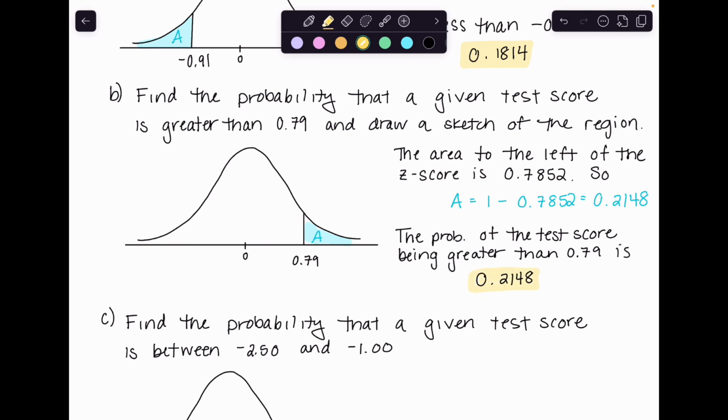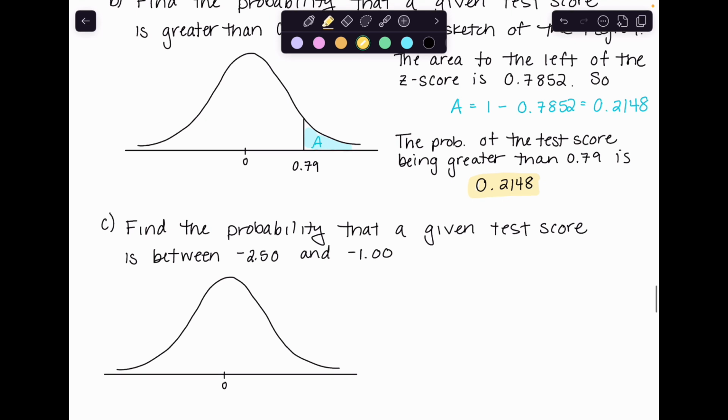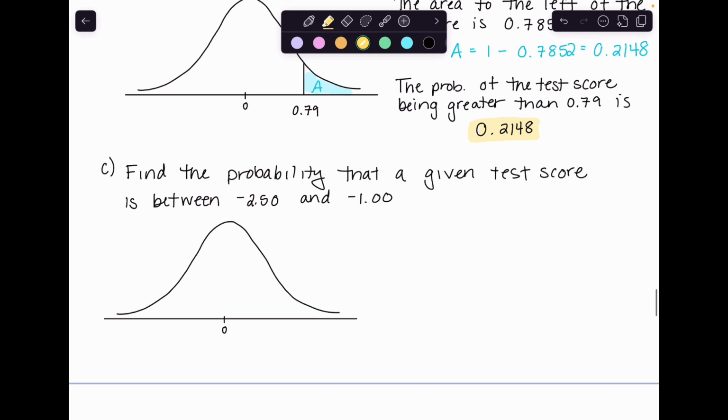Okay. So let's try one more, and this one's going to be the most complicated. We want the probability between two values. So between a test score of negative 2.5 and a test score of negative 1. Those are both to the left. So negative 1 is here, negative 2.5 is here, and I want the area in between.